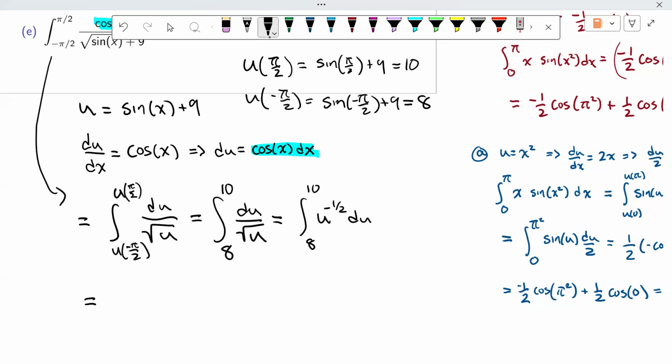And what's the antiderivative of u to the -1/2? Yeah, 2u to the 1/2, right? And we have to plug in at 10 to 8. So you'll get 2 times 10 to the 1/2 minus 2 times 8 to the 1/2. And when we do that, what do we end up getting?